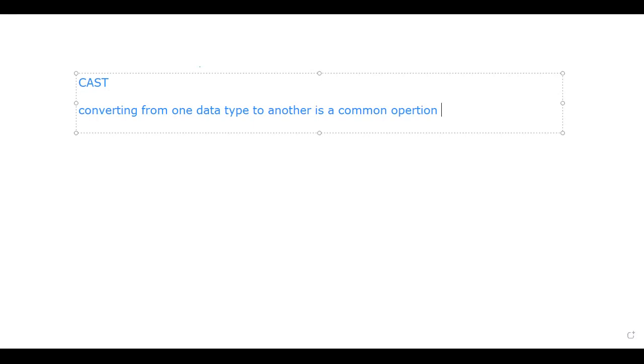Cast enables us to convert data from one data type to another data type, and it is very helpful to concatenate results of different data types, and it also helps to perform calculations on two data types.